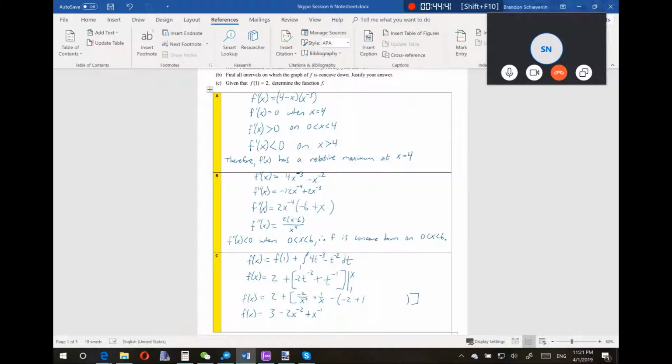Because when I integrate that, I'll get how much f changed from 1 to x. If I add the change from 1 to x to where we were at 1, then I should get where we are at f of x. Does that make sense? Yes. Okay. Any other questions on this one? No. Okay, sorry I rushed you.